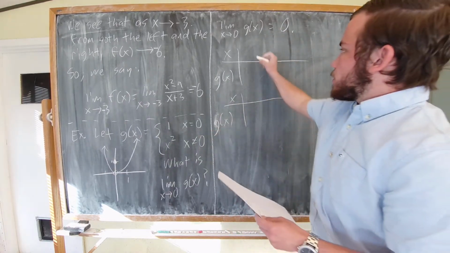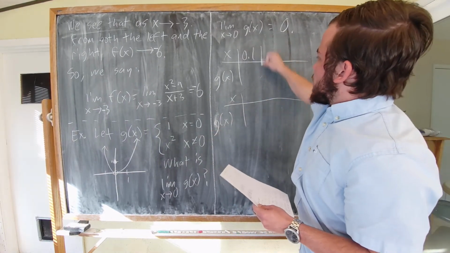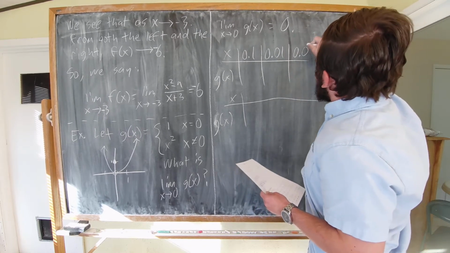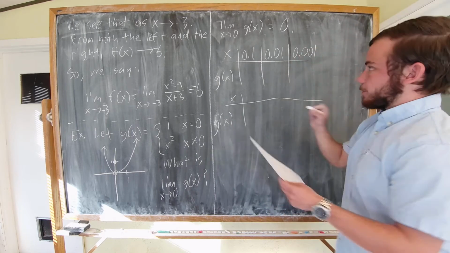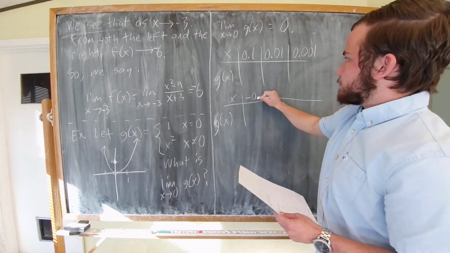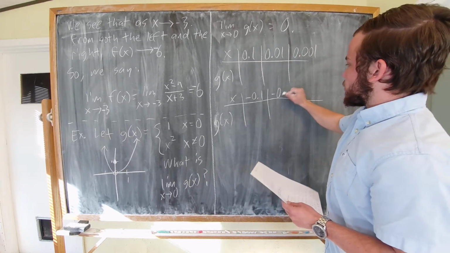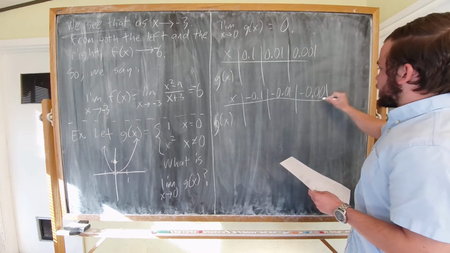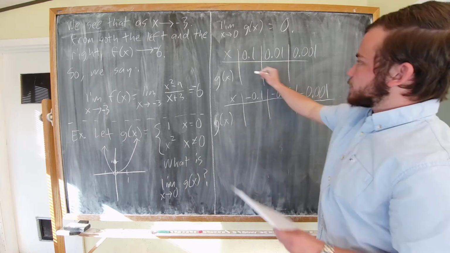Alright, well, 0.1, 0.01, 0.001, so that's approaching from the right. Negative 0.1, negative 0.01, negative 0.001, that's approaching from the left.